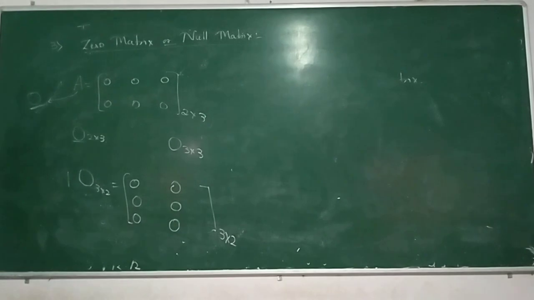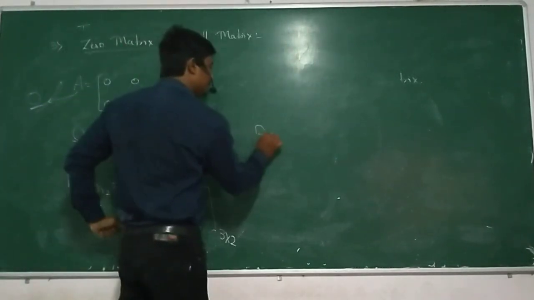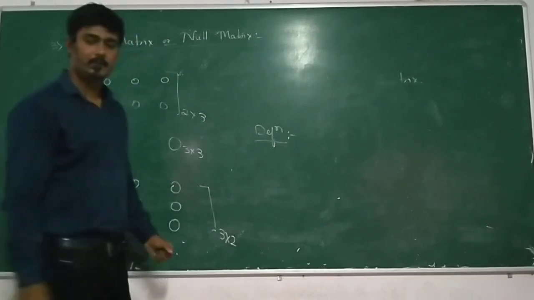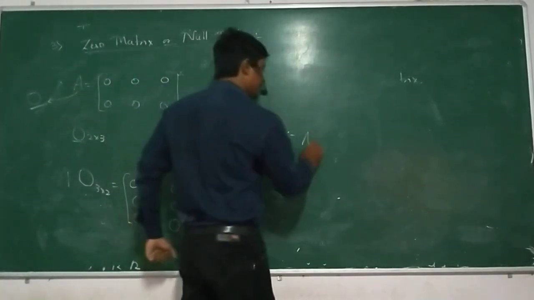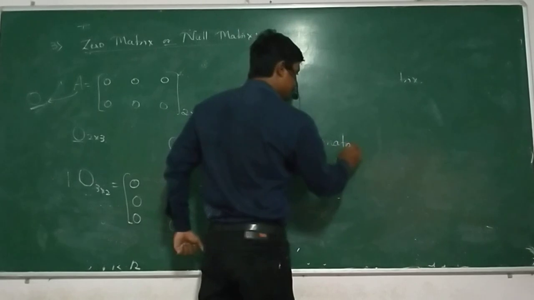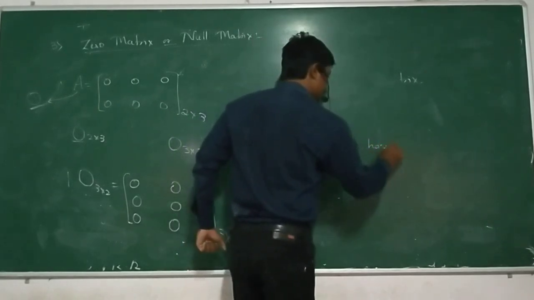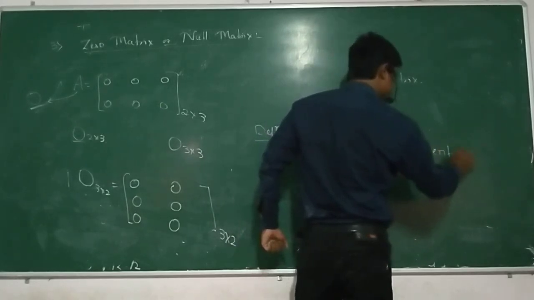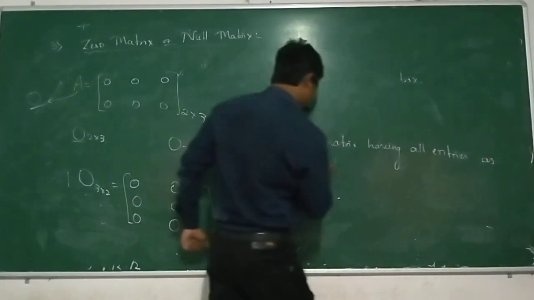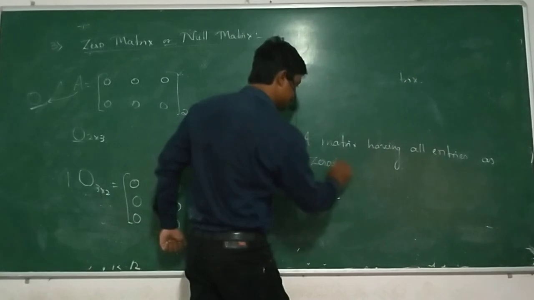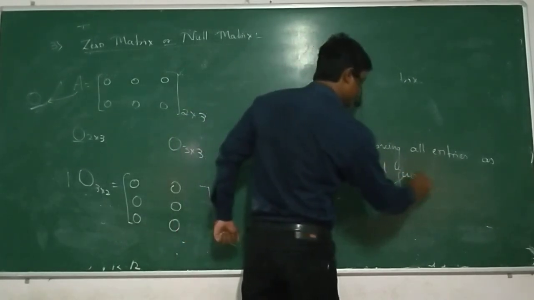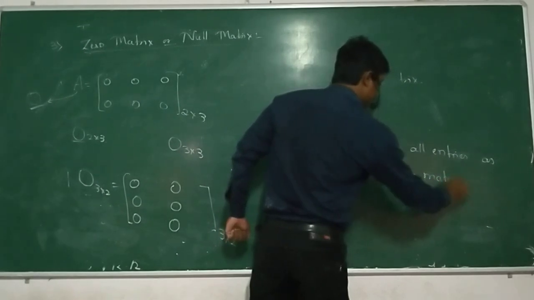Right? Now I will write down the definition here for the zero matrix. The definition of zero matrix is: a matrix having all entries as zeros is called a zero matrix.